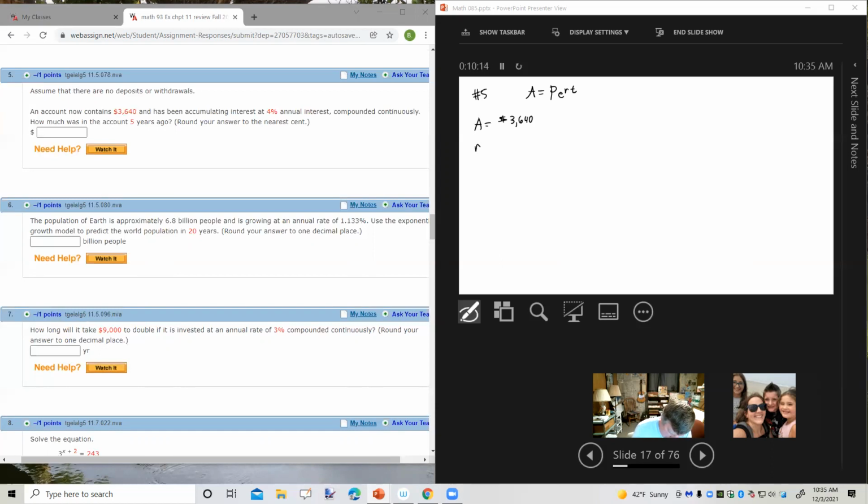Annual interest rate is 4% or 0.04, compounded continuously. That's why we're using this formula. How much was in the account 5 years ago? So we're looking for the starting amount. It's kind of a Jeopardy thing. We know the answer. What's the question? We know the final amount. What's the beginning amount? So we've got this 3,640.